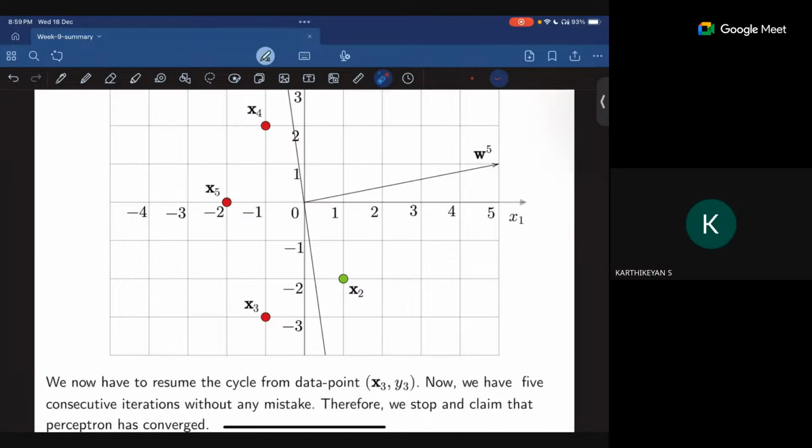We cannot find that point. You mean the exact number of mistakes that it will make? Not exact, but we are giving this number, R square by gamma square.